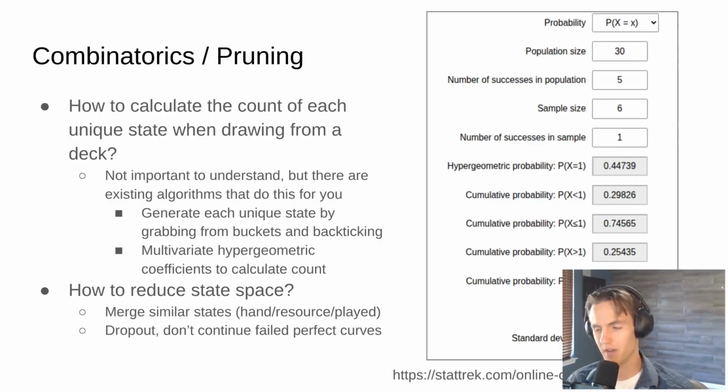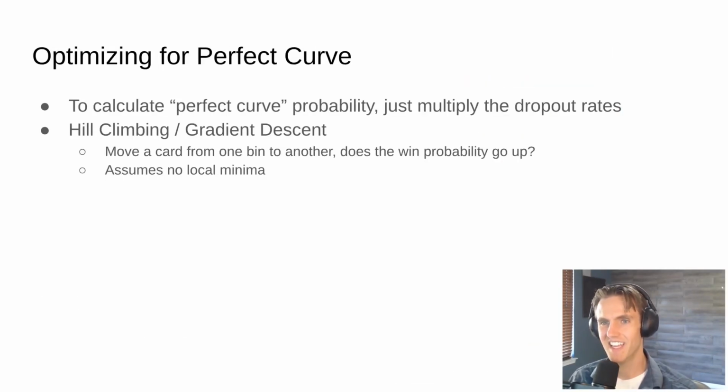If we don't do dropouts, it explodes very fast and it is no longer possible, which is why it is a little bit difficult to calculate average resource utilization, because in that case, you're continuing all of the states forward, which I think just explodes. Might be possible. I need to do more math. But like I said, you could probably calculate up to maybe 1 million or 1 billion states. But beyond that, it's just not calculatable on a normal computer. And I'm not going to rent out a data center or something.